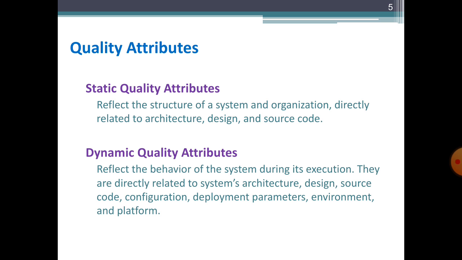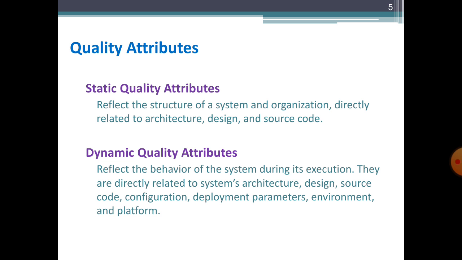They are directly related to system architecture, design, source code, configuration, deployment parameters, environment and platform itself as well. They are visible to the end user and exist at runtime, for example throughput, robustness, scalability, etc. So the major difference is that static quality attributes are invisible to the end user, while dynamic quality attributes are visible to the end user because they exist at runtime and are observable at runtime.